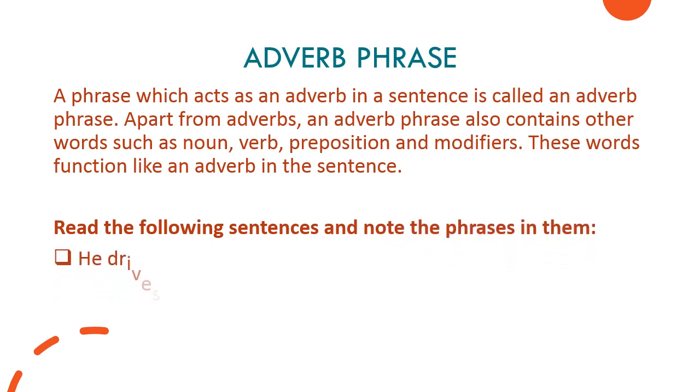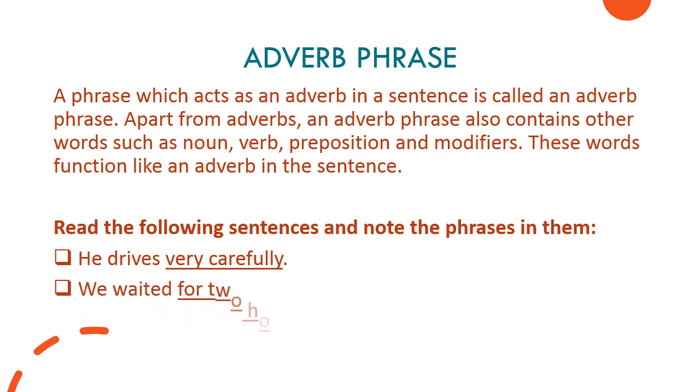First one, he drives very carefully. If I would have written he drives carefully, that would have been correct. Yes, but I have added here very. So he drives very carefully. That's an adverb phrase. Next one, we waited for 2 hours. We waited for hours. That is also correct.